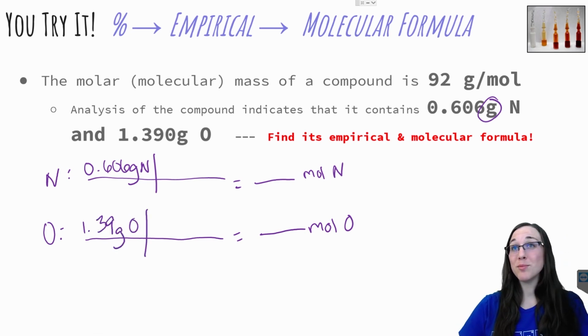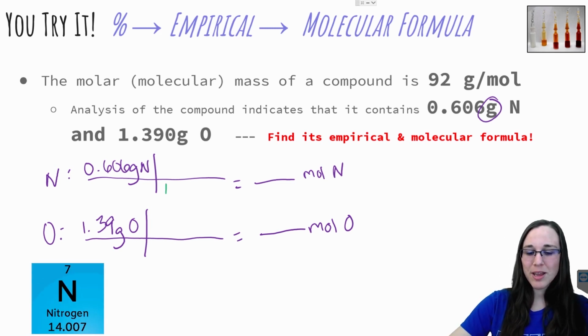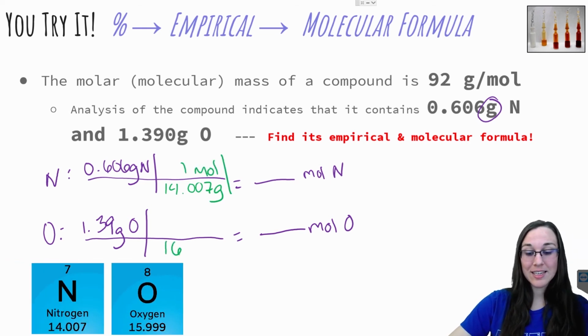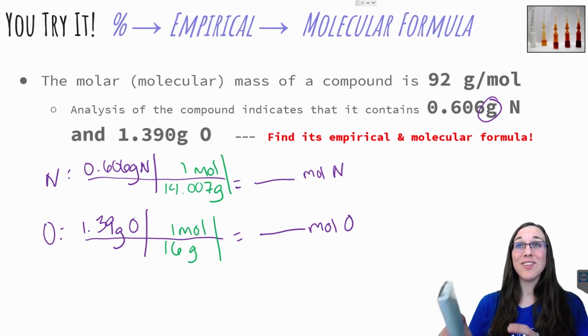To get from grams to moles, we always use molar mass, which is found on the periodic table. So for nitrogen, we have 14.007 grams in 1 mole of nitrogen. And for oxygen, we have 16 grams per 1 mole of oxygen. We just have to divide those values in our calculator to figure out the moles of each.